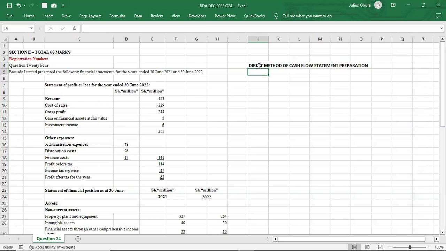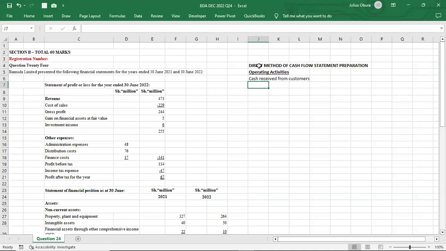To arrive at our operating activities, we'll have cash received from customers.